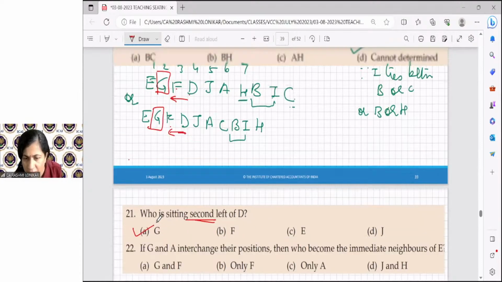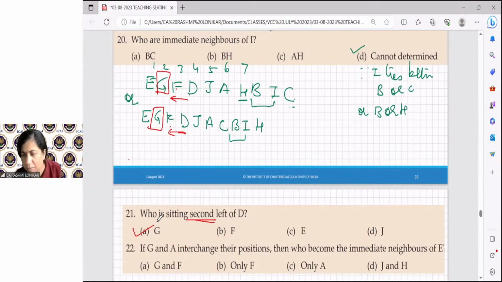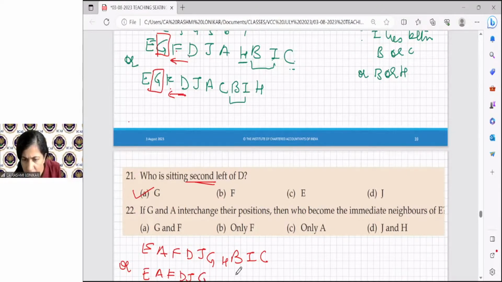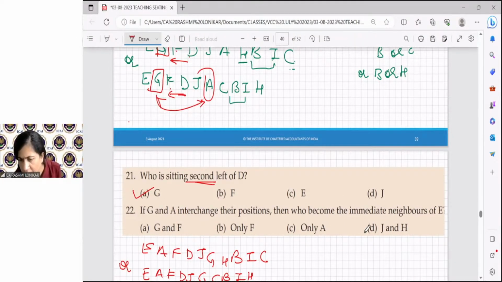If G and A interchange their position, then who will become the immediate neighbor of E? If G and A interchange, what will it now be? E, A, F, D, J, G, H, B, I, C, or E, A, F, D, J, G, C, B, I, H. If we have interchanged the positions, who will become the immediate neighbor of E?